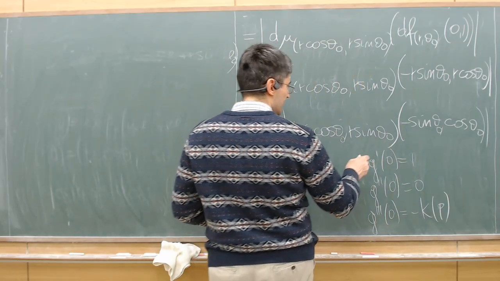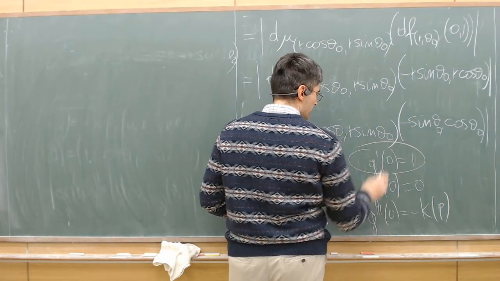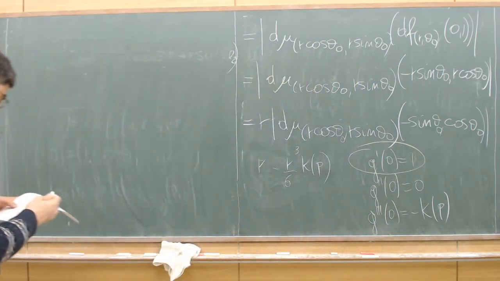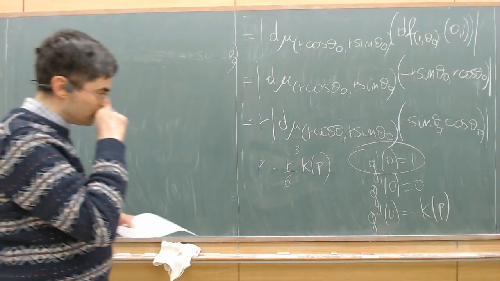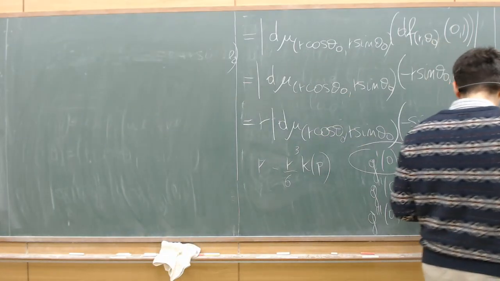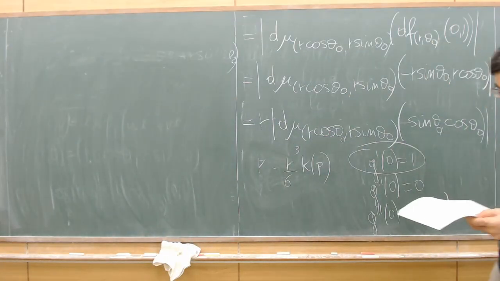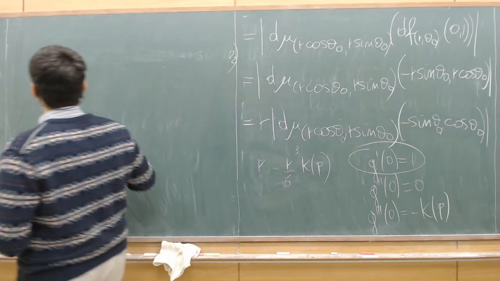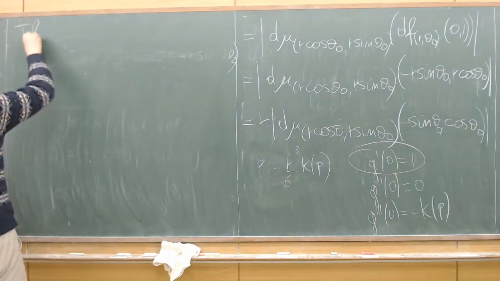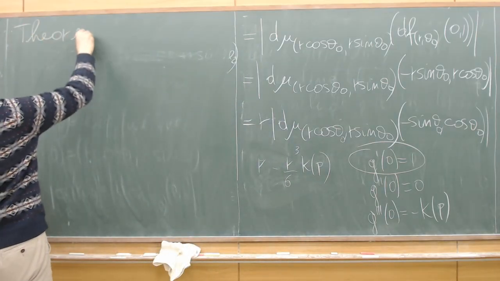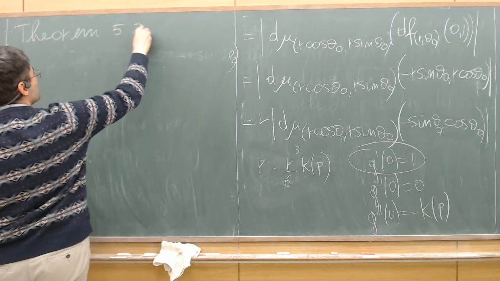Consequently, we get this identity. Instead, for proving the second one, we need to use theorem 5.26.